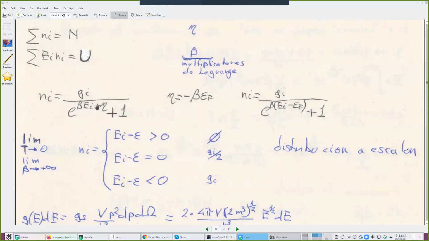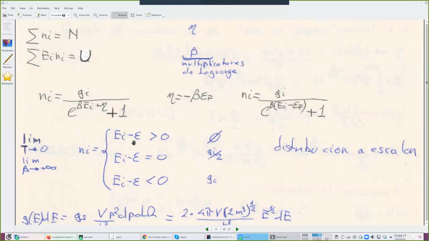That means the denominator is always greater than 1, so the upper limit is 1. It can go almost to 0, but it never goes above 1. It is a clear difference with the others.